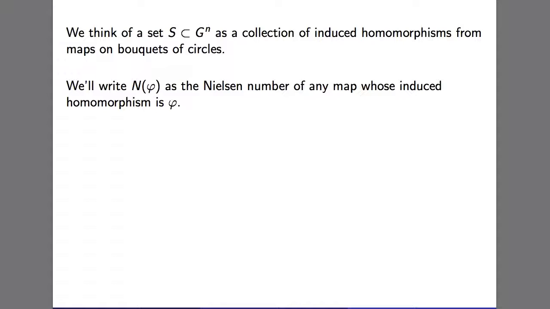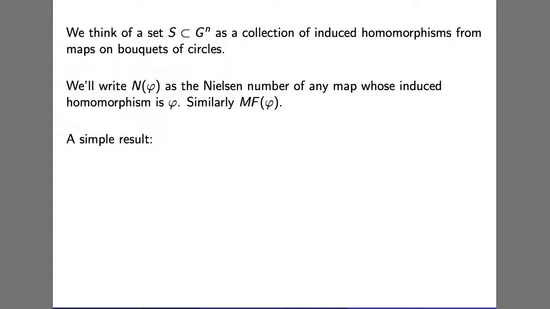And because this is a K(pi, 1), there's no ambiguity. You can just talk about the Nielsen number of the homomorphism as if you were talking about the original continuous map. Similarly, the minimum number of fixed points of a homomorphism, this actually is not related to the fixed subgroup of this homomorphism. This just means the minimum number of fixed points of some continuous map whose induced homomorphism is phi.